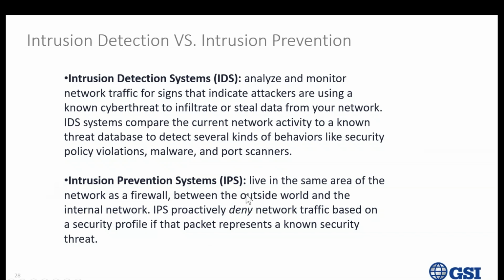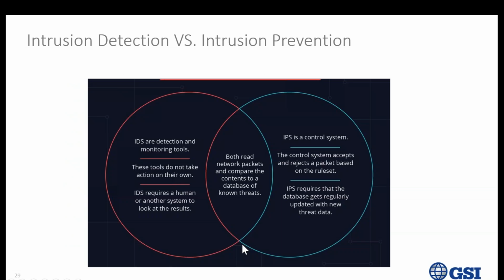If you've got a good IPS system, maybe your IDS system can be a little less, but don't forget there might be holes in your IPS, so you might have your IDS there to help you figure it out. And this is where some of the smart guys can help you, and we'll talk about who some of the smart guys are. You can see there's a little bit of overlap here. IPS is a control system, IDS are detection and monitoring systems, and that's the thing to keep in mind.